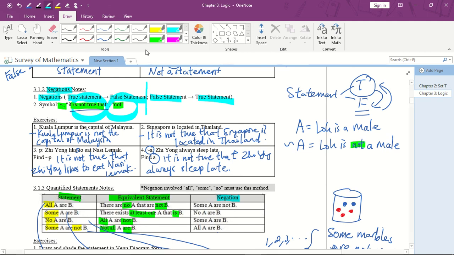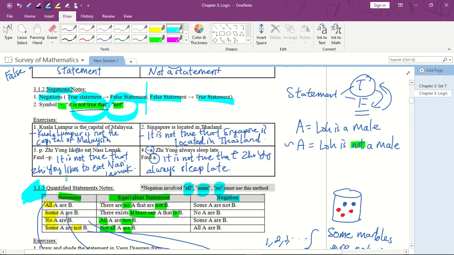However, remember when it is a quantified statement, a statement that involves a quantity, you need to use this table. Just to make it easy, if you want to negate a statement that involves all, some, and no, you must use this quantified statement table here.